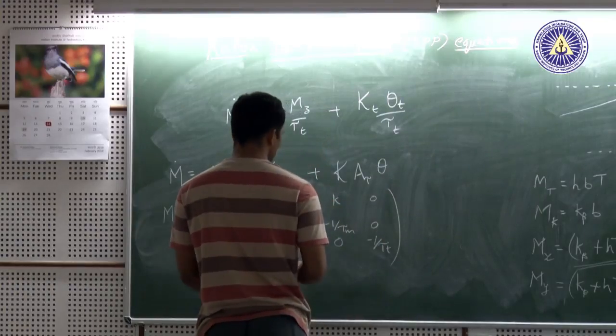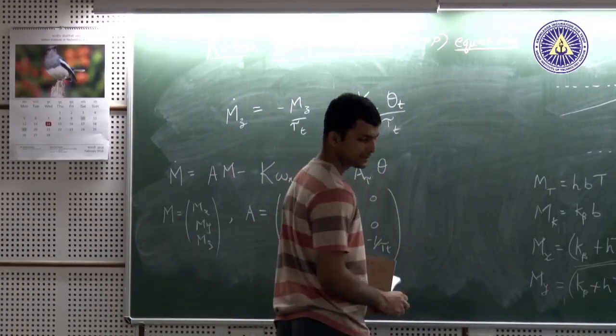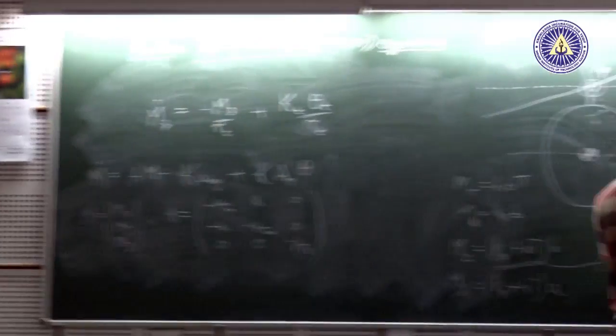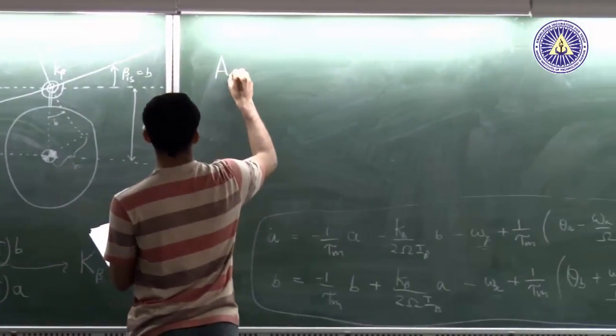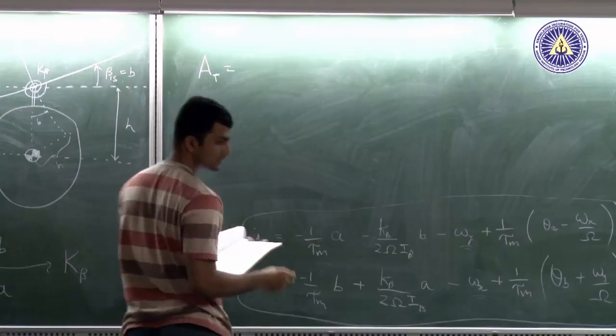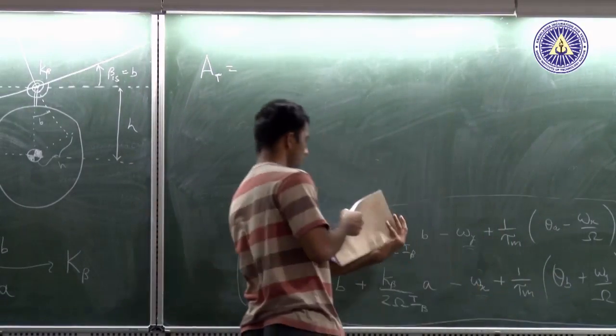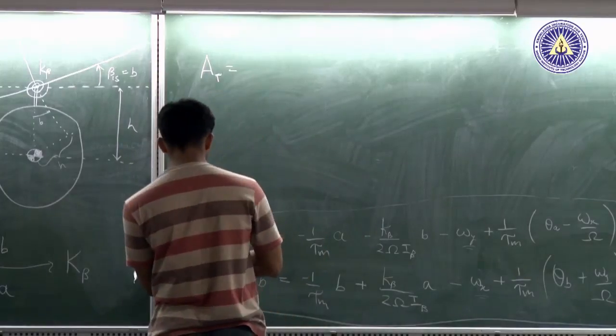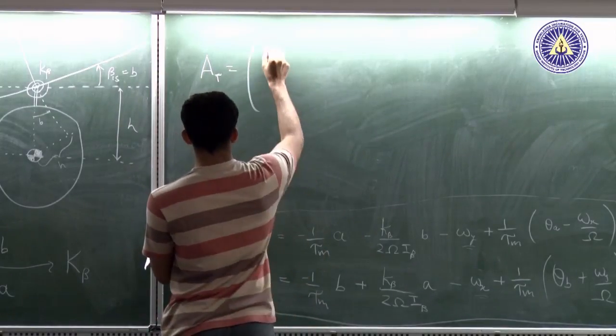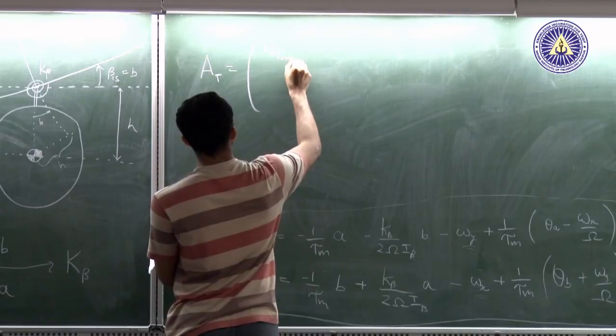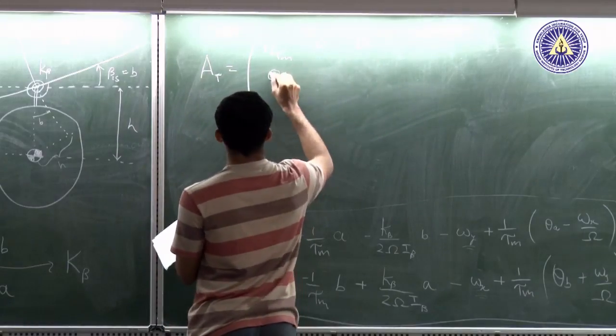And A tau is given as 1 by tau m, and so on. It's a diagonal matrix.